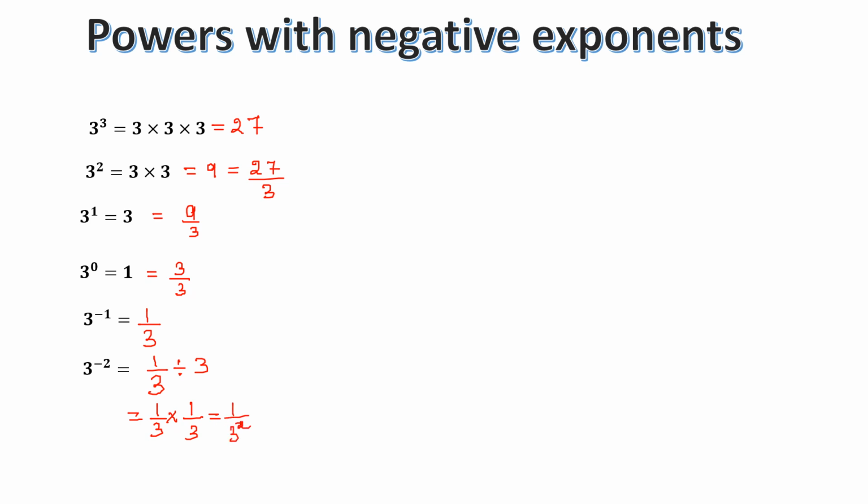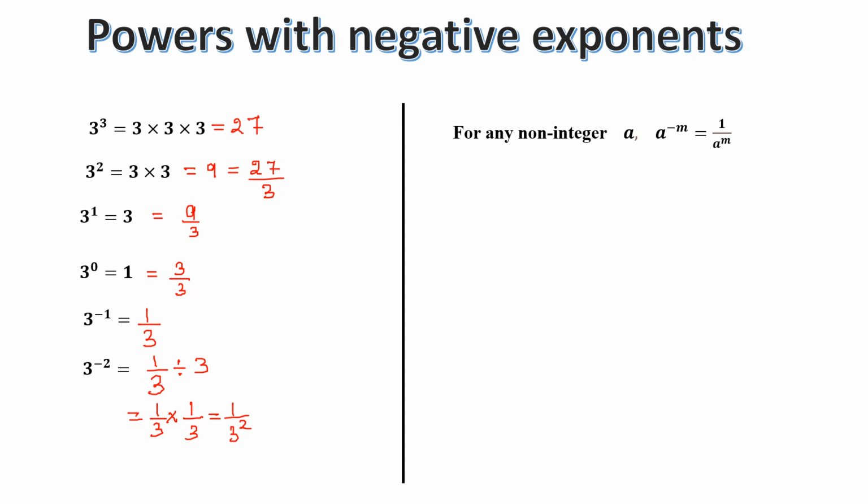So from here what I can say is that if you are finding out the power of a negative integer, then it is becoming the reciprocal. Can you see here, a to the power minus m is same as 1 by a to the power m, isn't it?